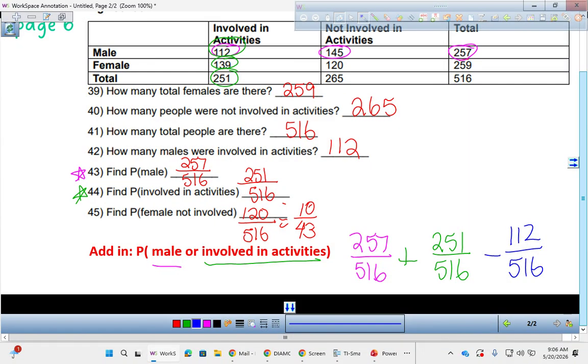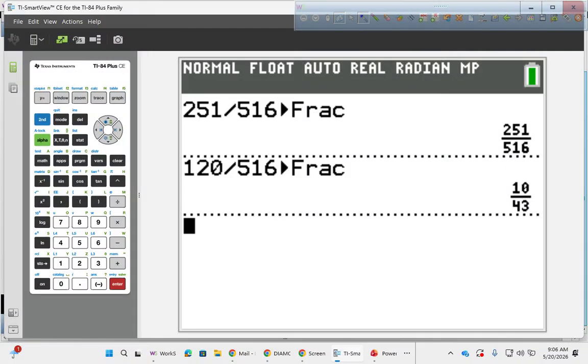So you're still going to have mutually exclusive and overlapping probabilities happening as practice in these tables. They just look a little different, okay? The categories are written here for you. So what I'm going to do is add these fractions in my calculator.